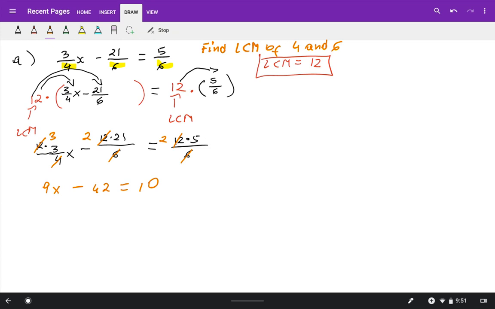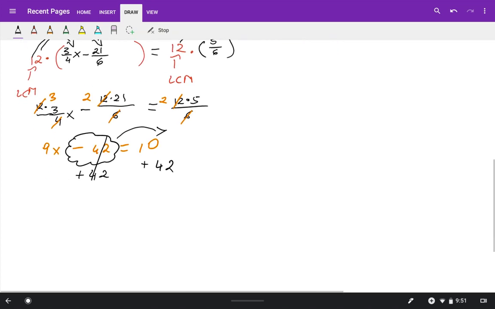So now we have a nice simple equation, which we call an equivalent equation, and we know how to solve those. You need to move the number to the right side. Since you see negative 42, you're going to add 42 to both sides. We always use the opposite. Here we cancel, so we end up with 9x equals 10 plus 42, which is 52.